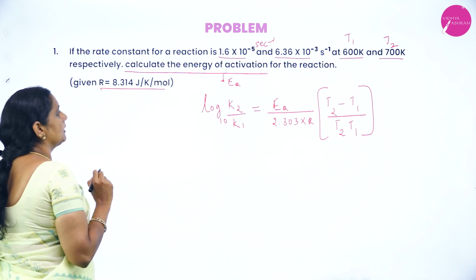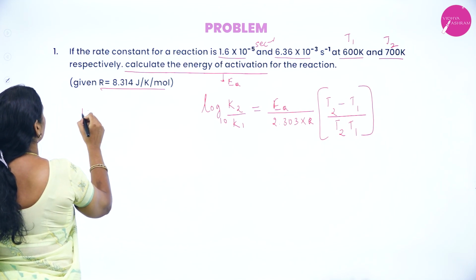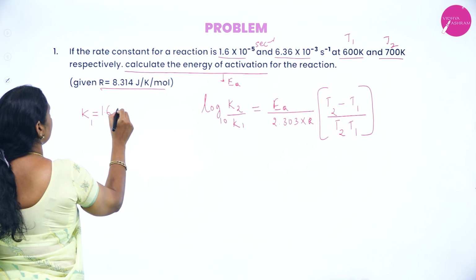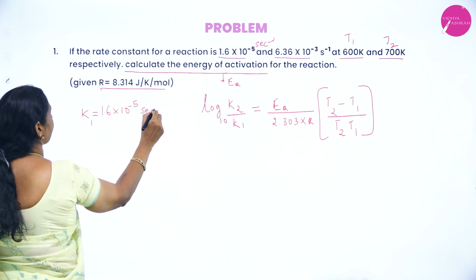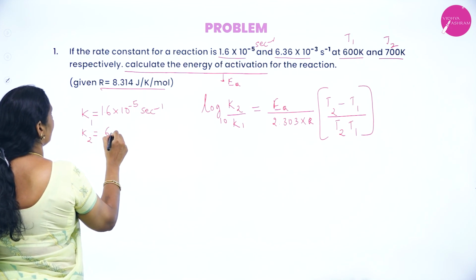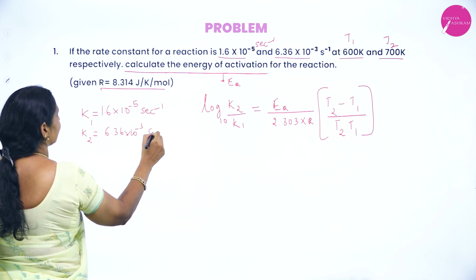R is equal to 8.314 joule per Kelvin per mole. Now, write down K1 is equal to 1.6 into 10 to the power of minus 5 per second. K2 is equal to 6.36 into 10 to the power of minus 3 per second.